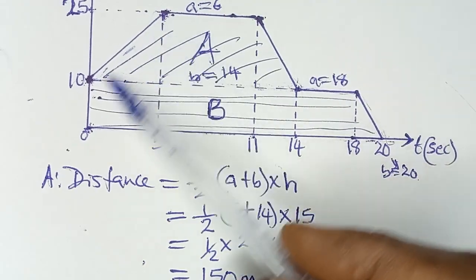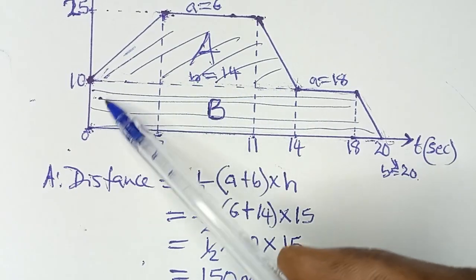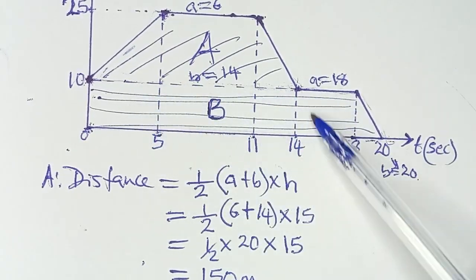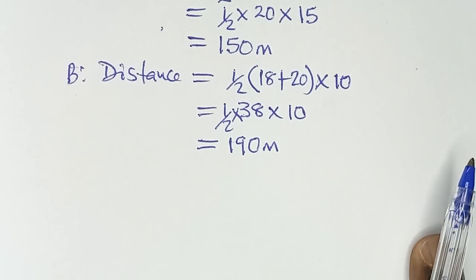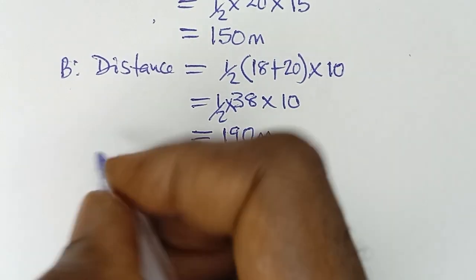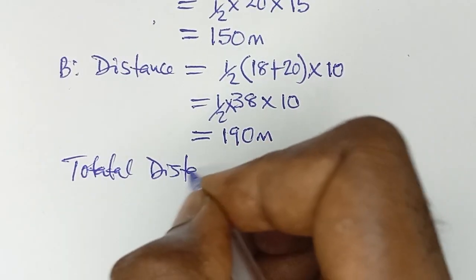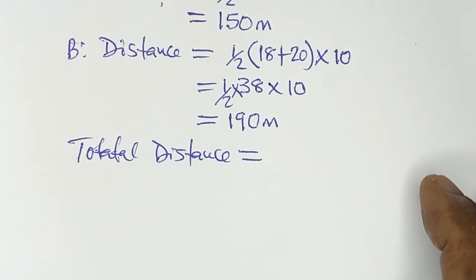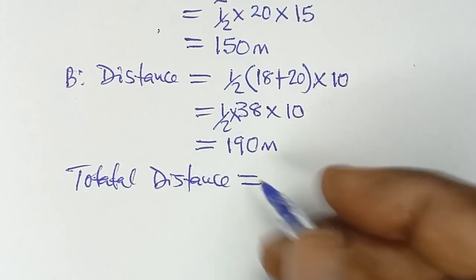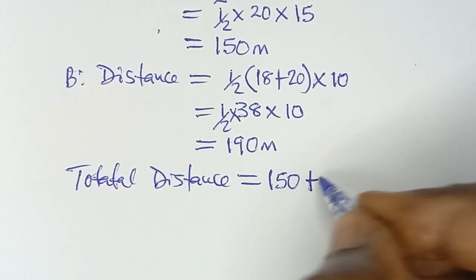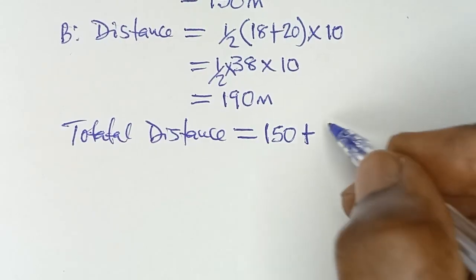So the total distance covered by the body will now be the 150 that we obtained for A, added to the 190 that we obtained for B. That will give us the total distance that the body underwent. So total distance will be equal to the 150 that we got for the first trapezium added to the 190 that we got for the second trapezium.